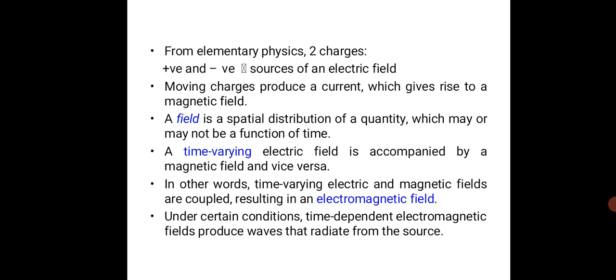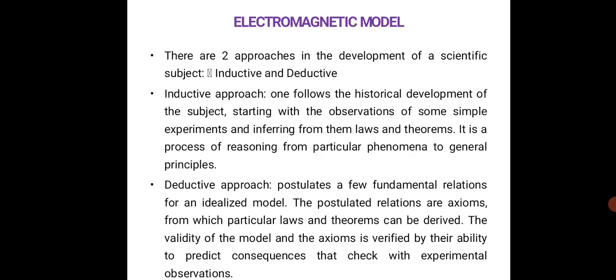A time-varying electric field is accompanied by a magnetic field and vice versa. In other words, time-varying electric and magnetic fields are coupled, resulting in an electromagnetic field. Under certain conditions, time-dependent electromagnetic fields produce waves that radiate from the source.